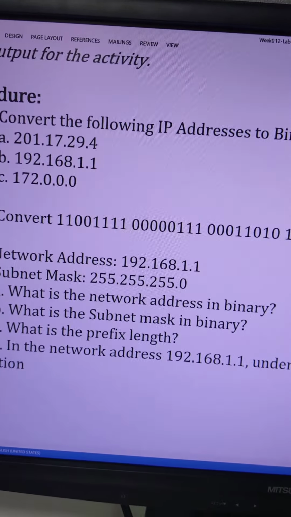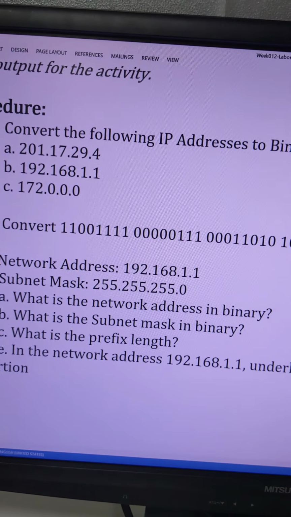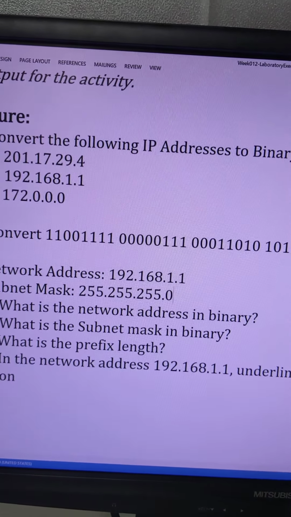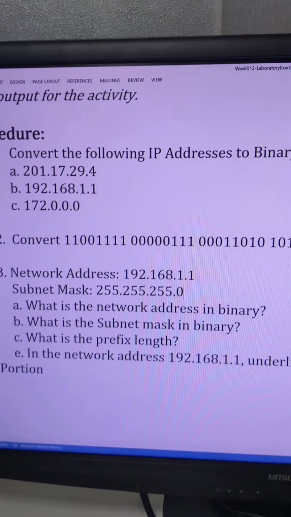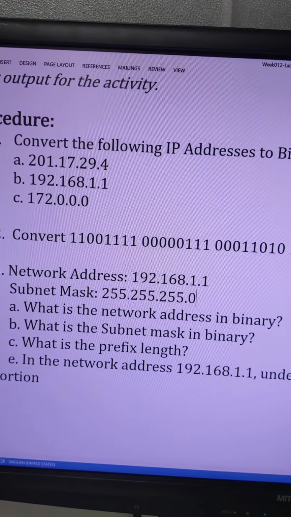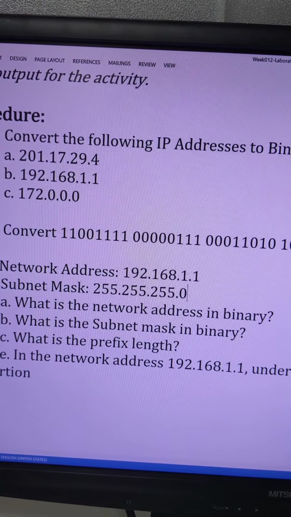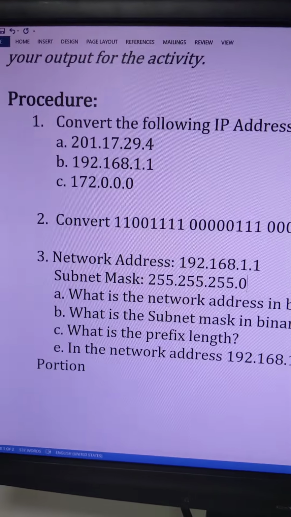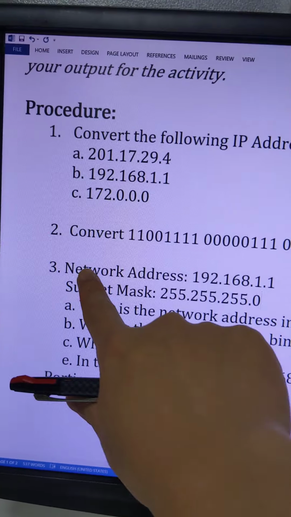I think it is 0. This is for the host, I think. Okay, and so the question here is, what is the network address in binary? Okay, so we're gonna convert this then, the network address, into binary.